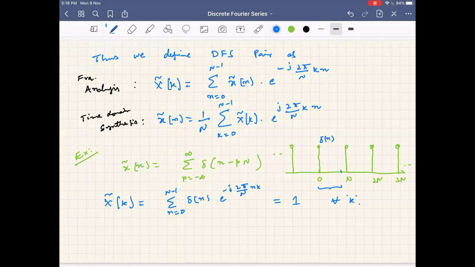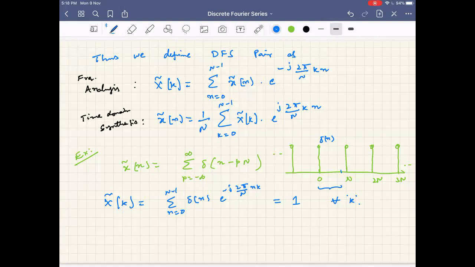With n equal to 0, this is one for all k.